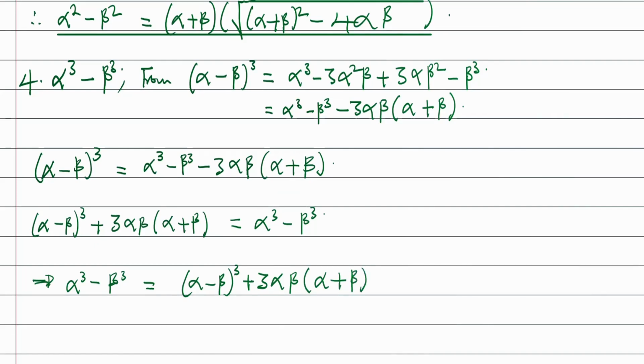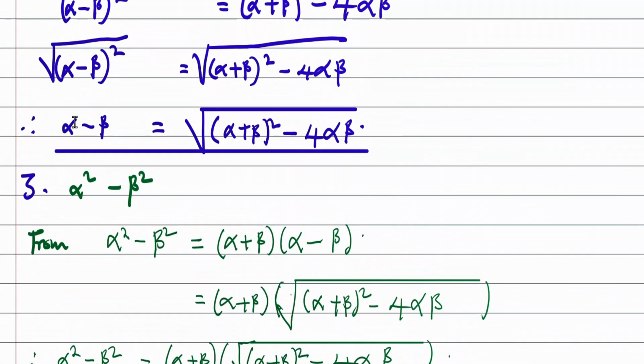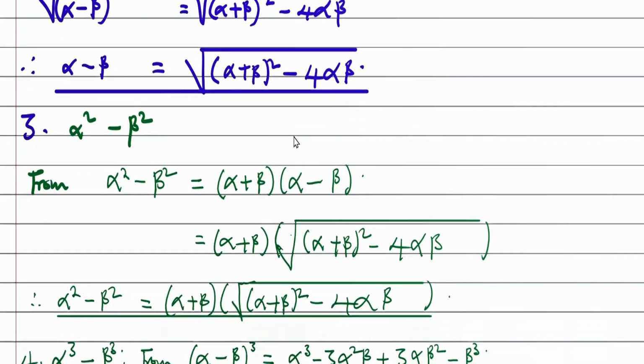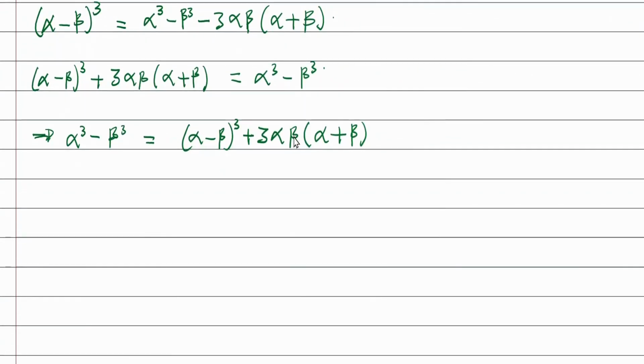But remember, you have this alpha minus beta, and from our examples above, we said that alpha minus beta is the same as the square root of alpha plus beta, the whole of it squared, minus 4 alpha beta. So we can now substitute in.